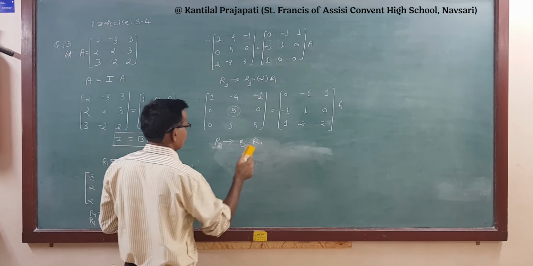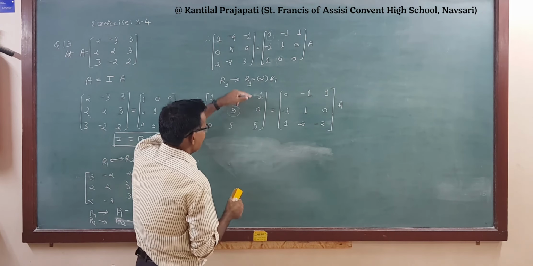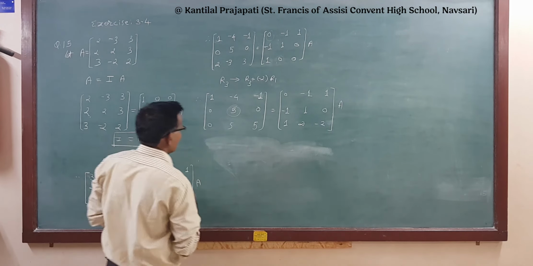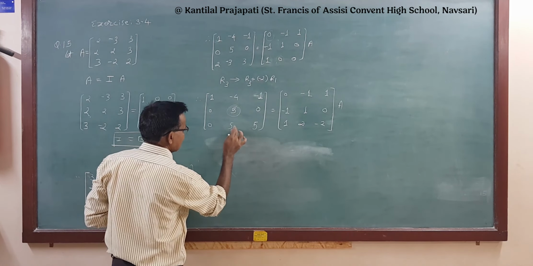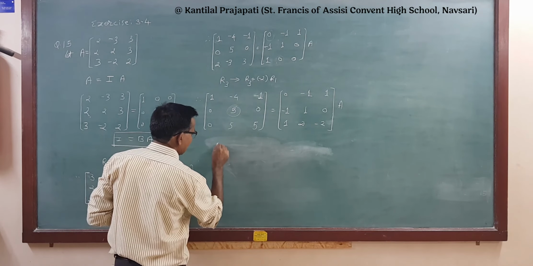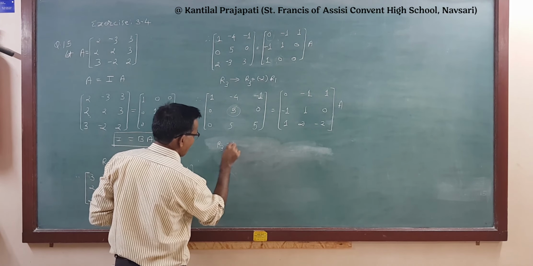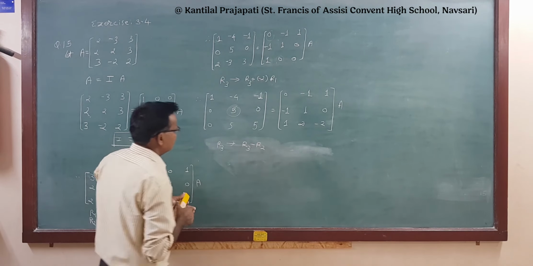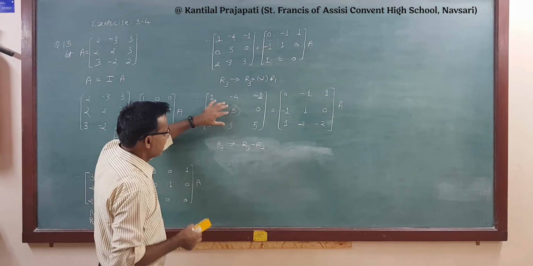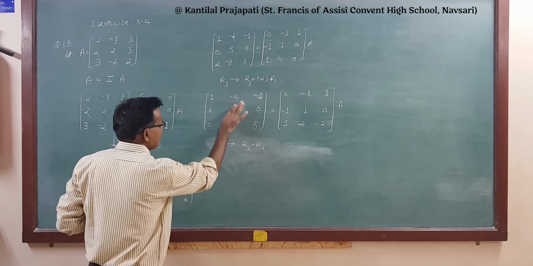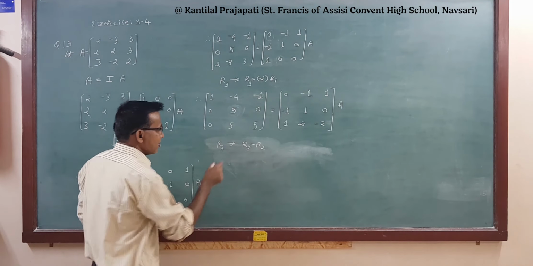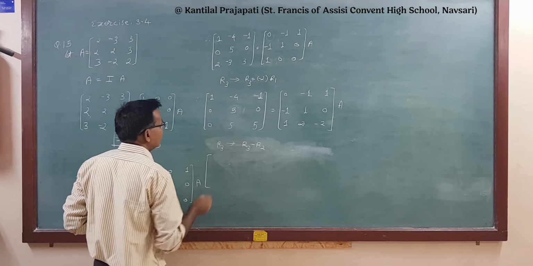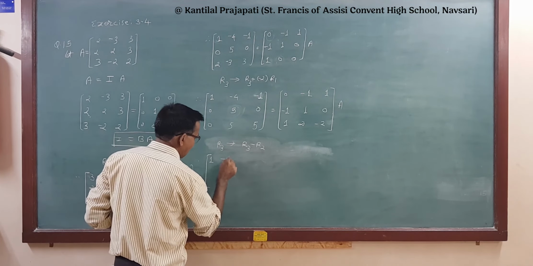But this 0 will be cancelled, right? So first we apply this in R3, R3 minus R2. We apply this notation to get 0 here only, R3 minus R2, and then we get 1, minus 4.